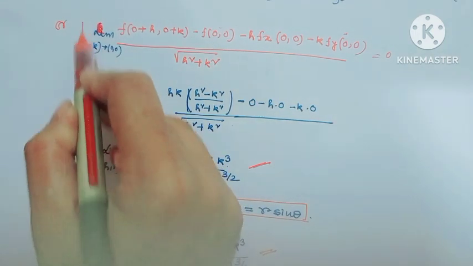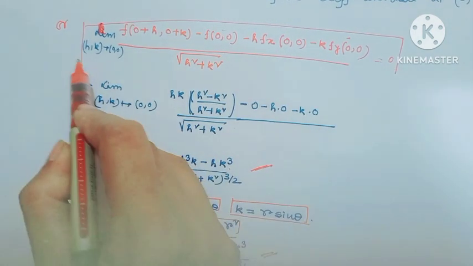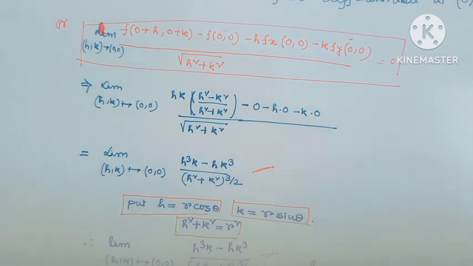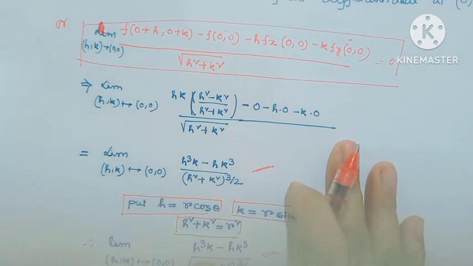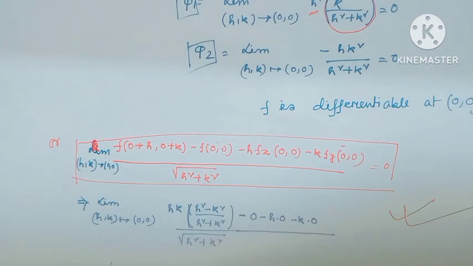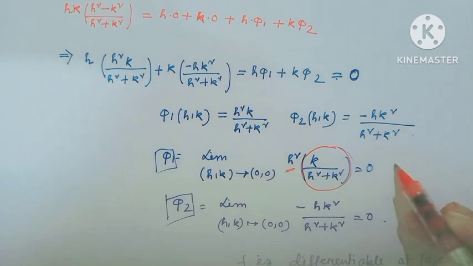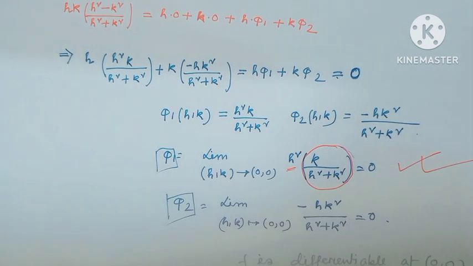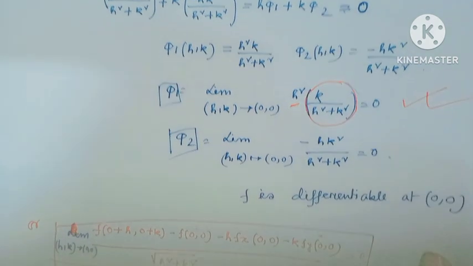Since I have got this expression equal to 0, similarly f is differentiable. That means this is one method and this is another method. You can choose any method to find the differentiability.